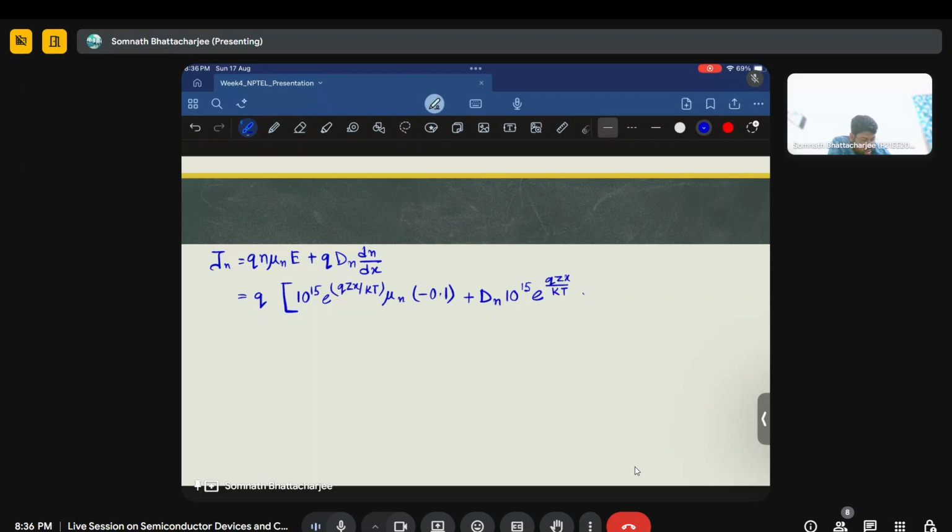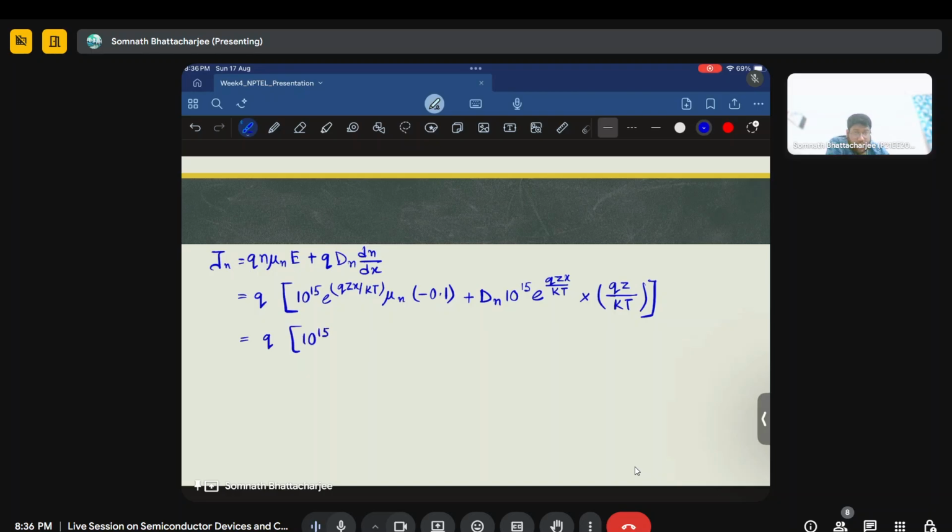Okay, and the other terms will be qz by kT, right? If there are any miscalculations or mistyping, please let me know. So this one would be 10 to the power 15.